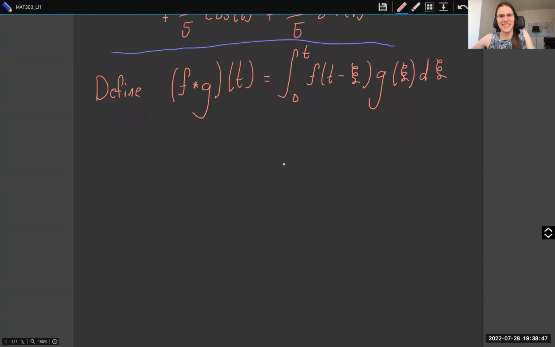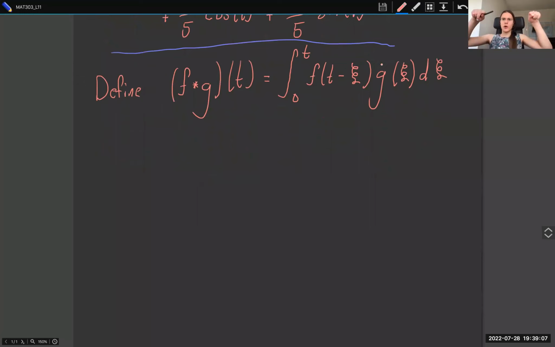Yeah, that was the most annoying possible variable choice to make ever. So what is this? Basically, f, we're going to look at its values from t, when it's 0, then it's t, and then as xi goes from 0 to t, this goes from t to 0, and this goes from 0 to t.